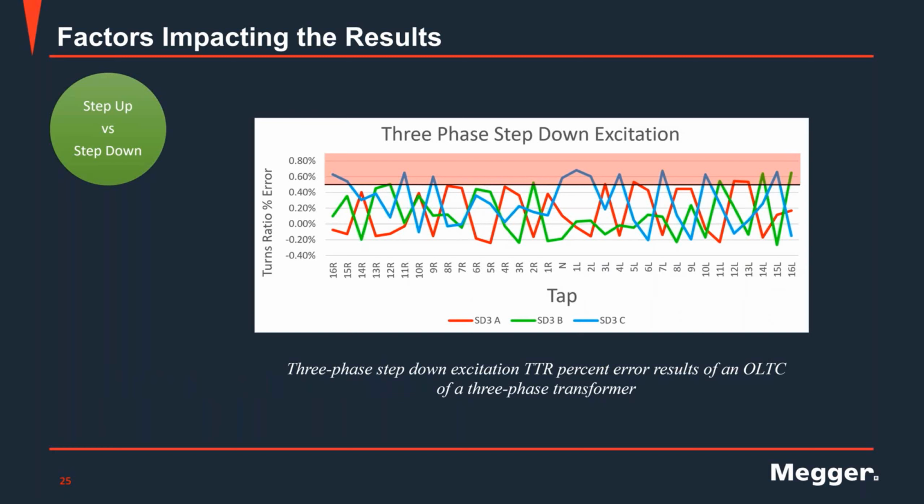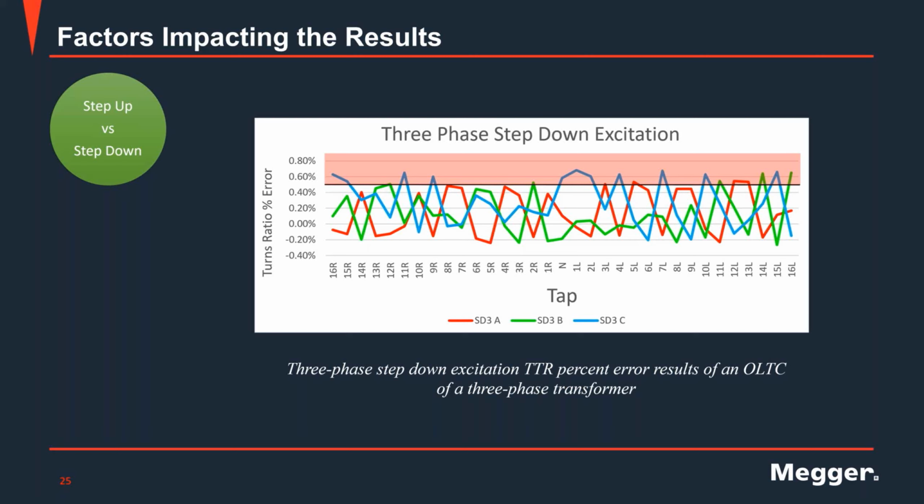Let's look at another example. In this case, we are combining for the next important factor, which is three-phase excitation. You see, when we did step down, many of my C-phase measurements, this is a 33 tap graph with a transformer with a tap changer, some of the taps are outside the 0.5% limit.